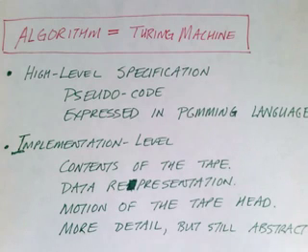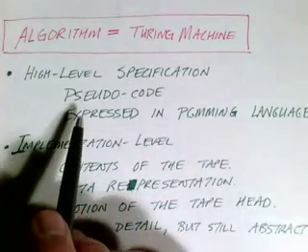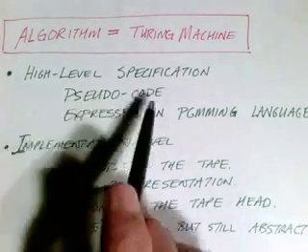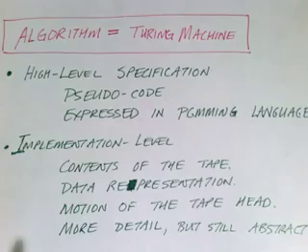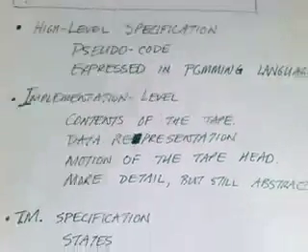And by definition, an algorithm is anything that can be done with a Turing machine. We can express our algorithms at different levels of detail. We might have a high-level specification, and we might use either pseudocode, or we might express our algorithm in some programming language.